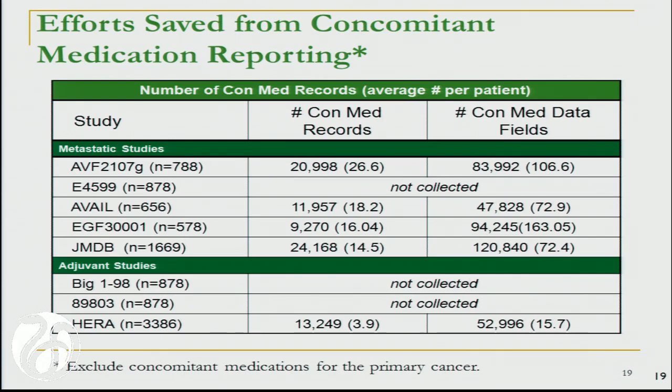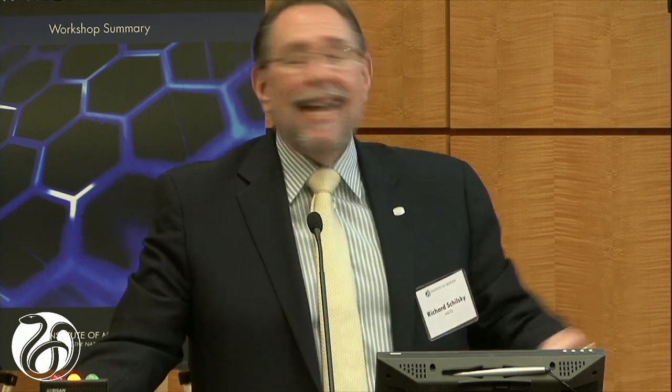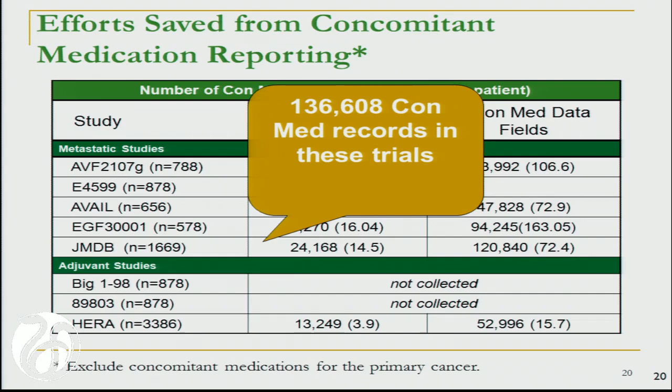There are hundreds of thousands of data fields that our data managers are asked to complete in filling out these forms about concomitant medications. In these particular trials included in this study, there were 136,000 CONMED records and many hundreds of thousands more data fields comprising those records that all had to be completed.